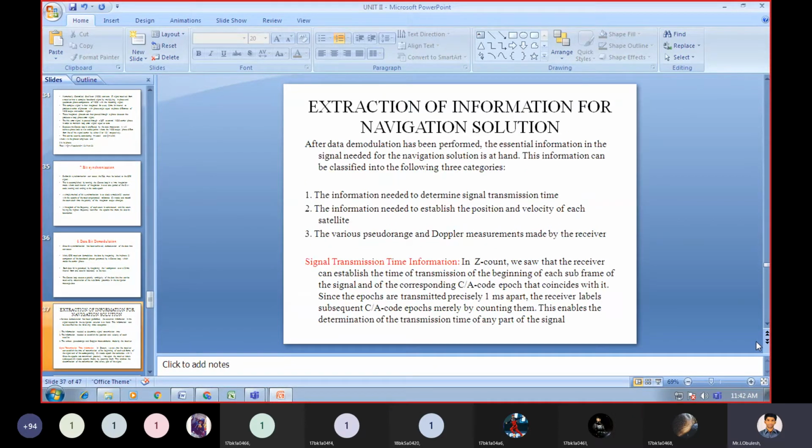The next topic is extraction of information for the navigation solution.